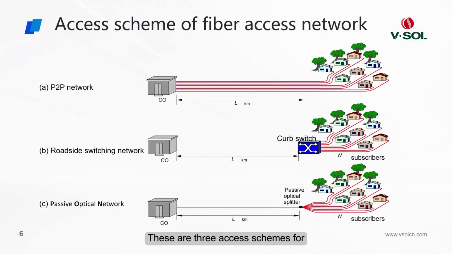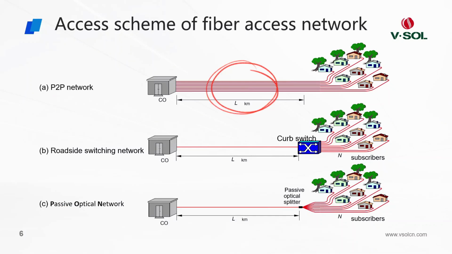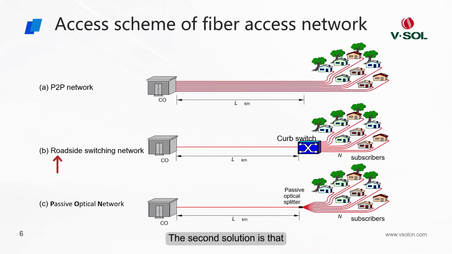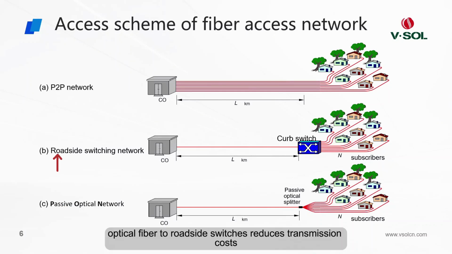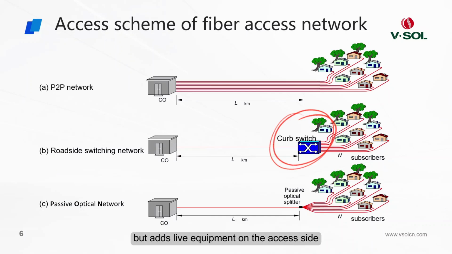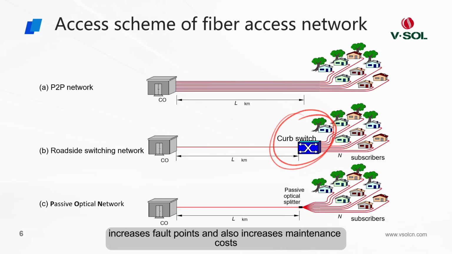These are 3 access schemes for optical fiber access networks. The first solution is peer-to-peer networks, where the transmission cost is too high and fiber resources are wasted. The second solution is optical fiber to roadside switches, which reduces transmission costs, but adds live equipment on the access side, increases fault points, and also increases maintenance costs.